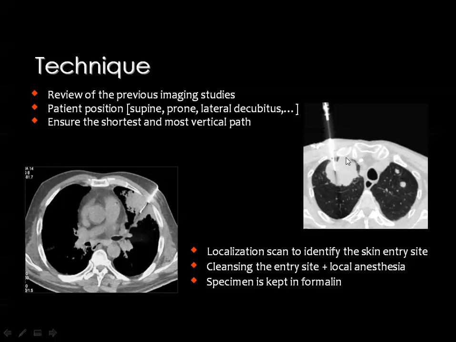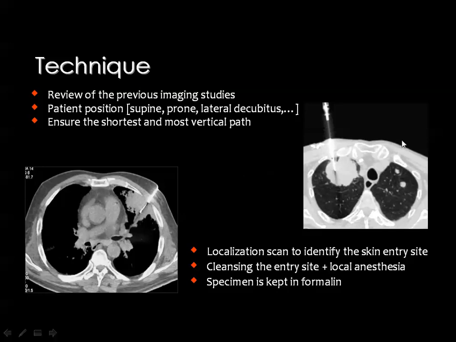And also you should make sure that there is no bone or rib obstructing your pathway to the needle. Then you put the patient in the position which was selected according to the site of the lesion.